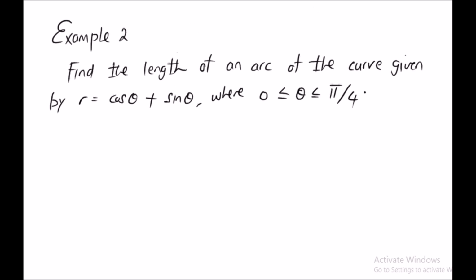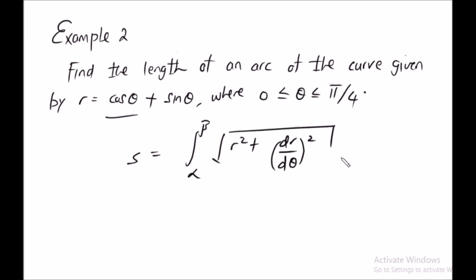So anasema find the length of an arc of the curve given by huyu r is equal to cos theta plus sin theta, where theta ranges from 0 to pi over 4. So we know that s is the integral from alpha to beta of the square root of r squared plus (dr/d theta) squared times d theta.